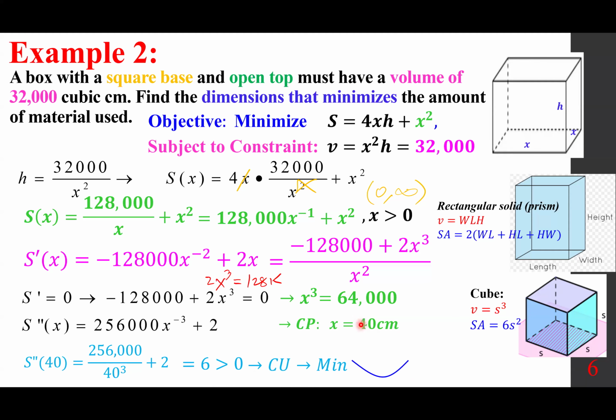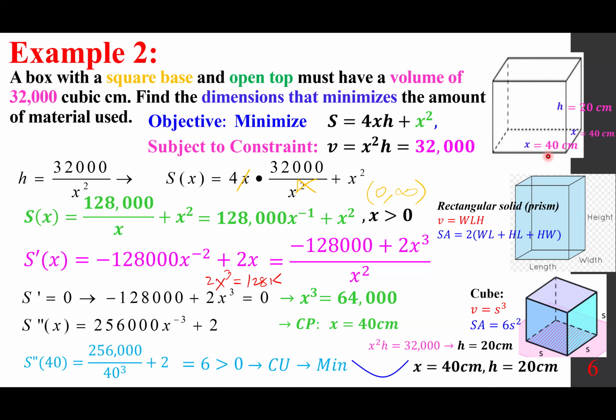So if x is 40, you put it in here: 40 squared times h is 32,000, and you get h equals 20. That's 32,000 divided by 40 squared, or 1600, which gives you 20. So if x is 40, h is 20, we write the dimensions: x is 40, x is 40, h is 20.